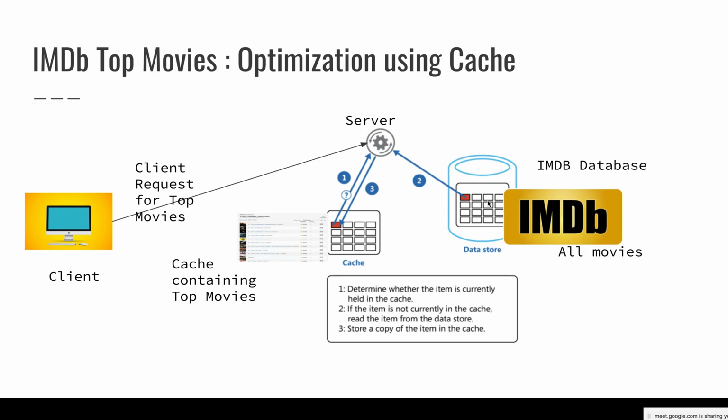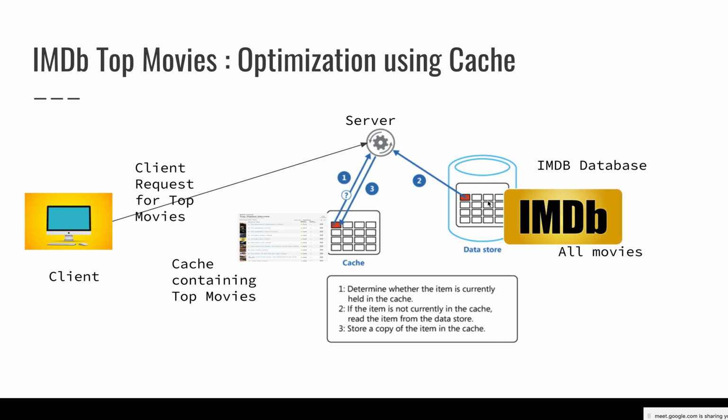Another situation can also arise: the server looks up the data requested by the client, but the cache doesn't have the data. That situation is called cache miss. Now, what does the server do in case of cache miss? It's going to look in the database because the database is the source of truth for us.